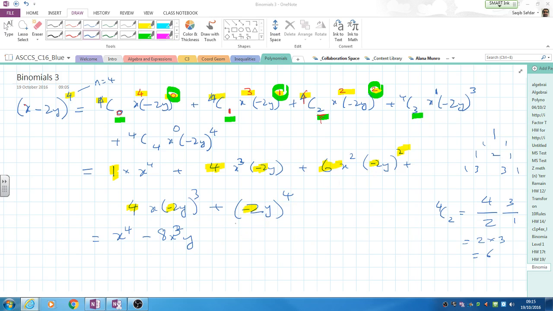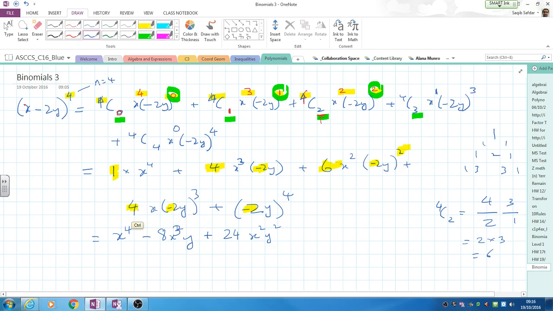And would it be a plus or a minus 24? Why is it a plus? Yeah, good. All right, and in that case, what coefficient would I get for my next term? 4x (minus 2y) cubed.